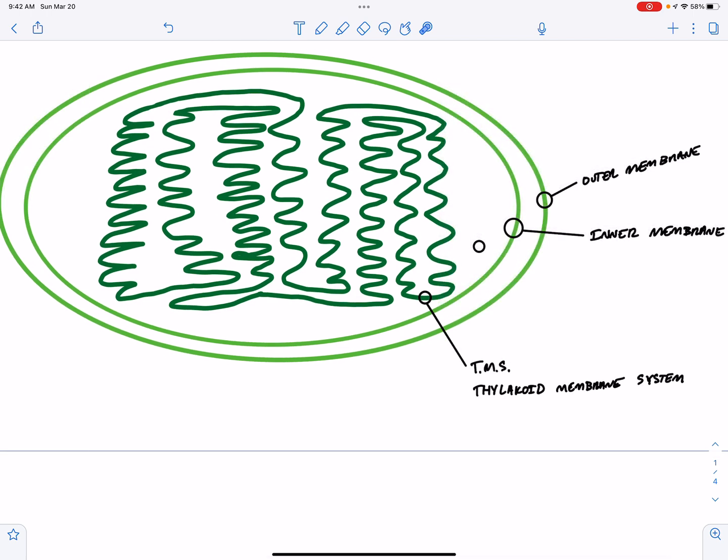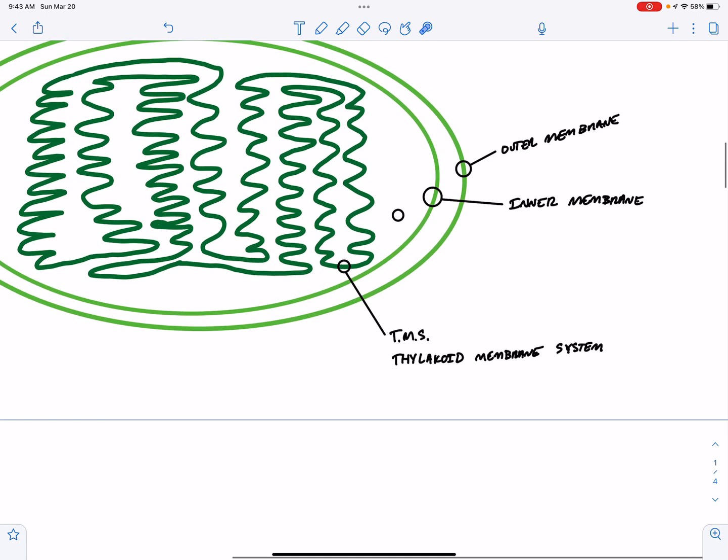So in order to maximize surface area to volume ratio, the thylakoid membrane system is highly folded. We have tons of surface area, tons of membrane upon which these reactions important in the process of photosynthesis can take place. So that's an important idea here: the reason why this thylakoid membrane system is so folded.